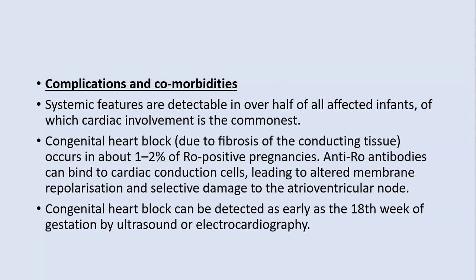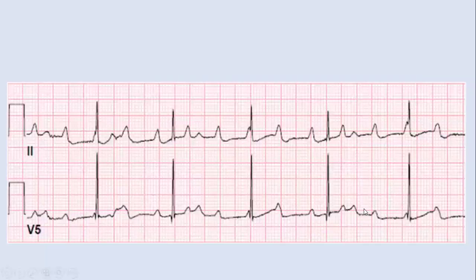The Ro antibodies bind to cardiac conduction cells, leading to altered membrane repolarization and selective damage to the atrioventricular node. This congenital heart block is detected by the 18th week of gestation by ultrasound or electrocardiography. So it can be detected intrauterine.